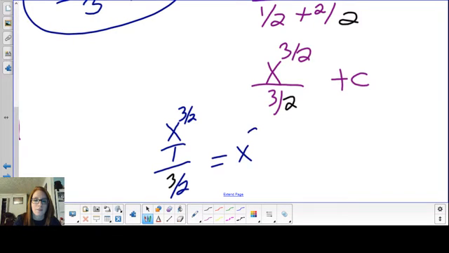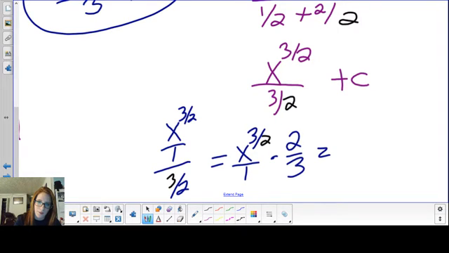So it's x to the 3/2 over 1 times 2 over 3. Well, top times top tells me I get 2x to the 3/2. Bottom times bottom tells me I get over 3. And I get my plus c.